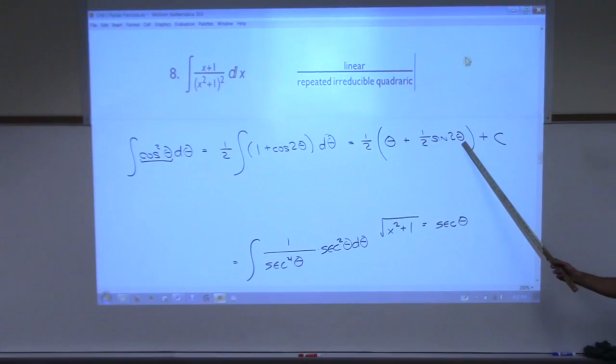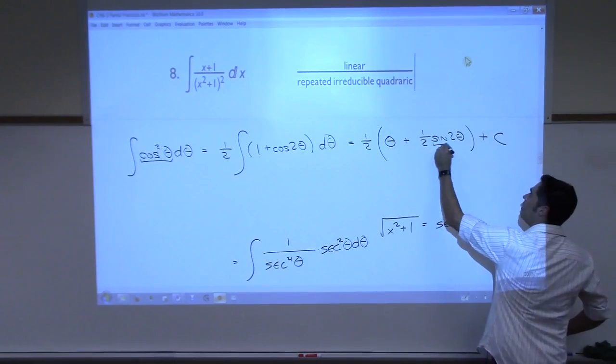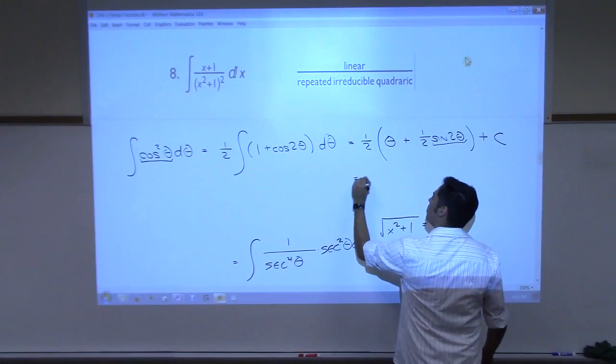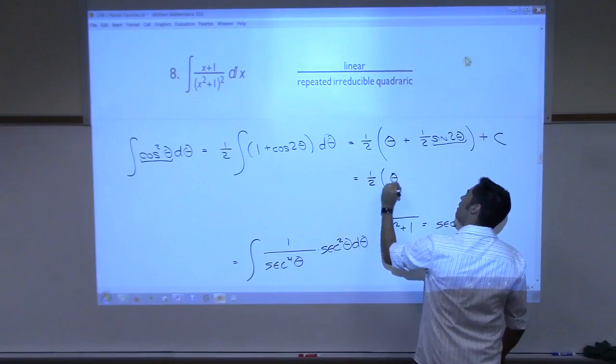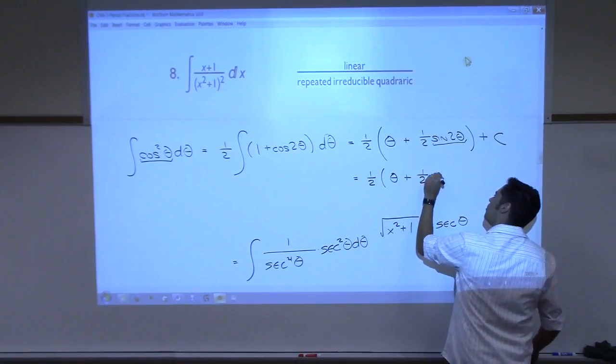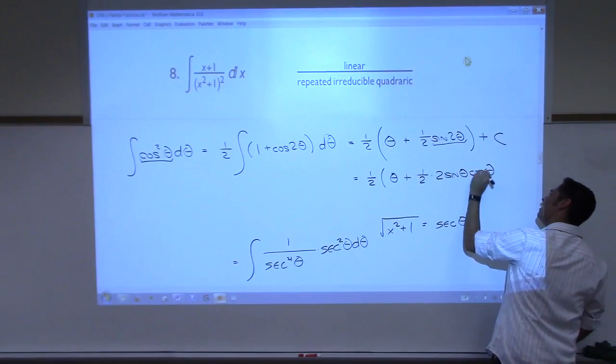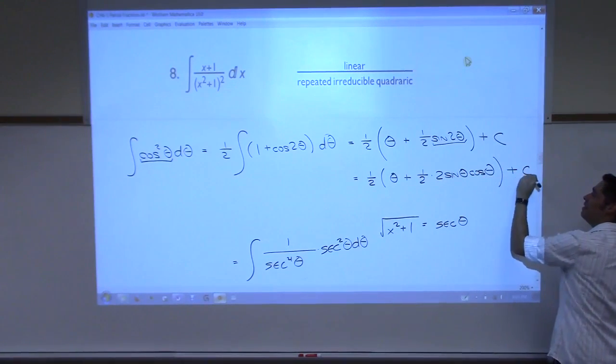So you have to use the double angle formula for the sine 2 theta to get it back to sine theta cosine theta. So this becomes 1/2 theta plus 1/2 times 2 sine theta cosine theta plus c.